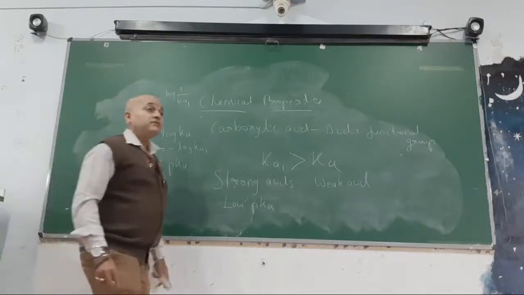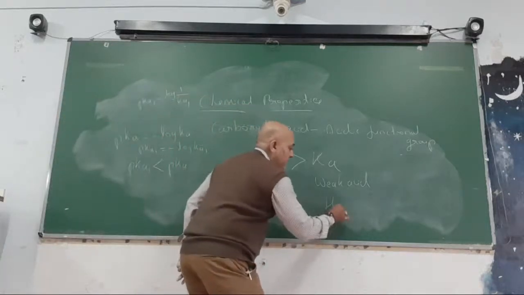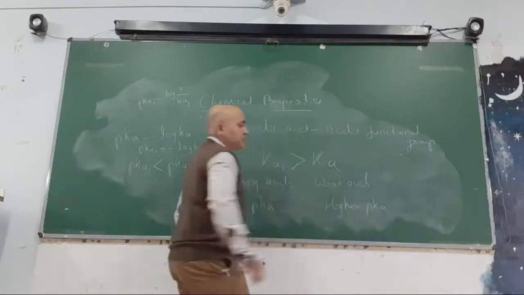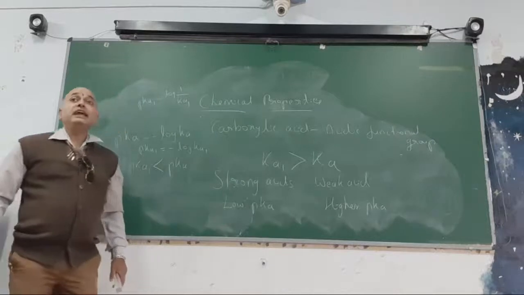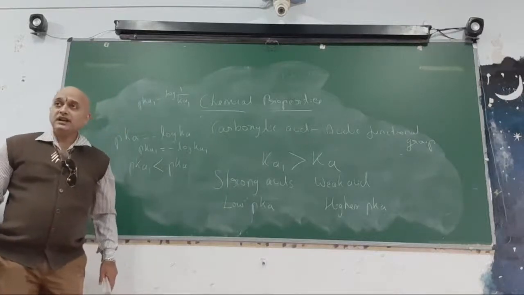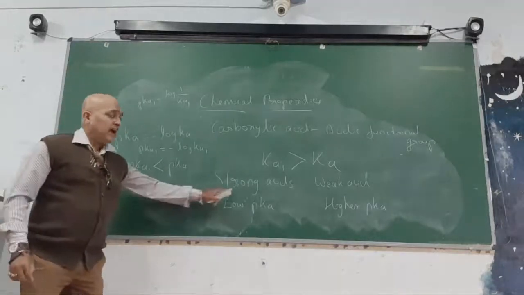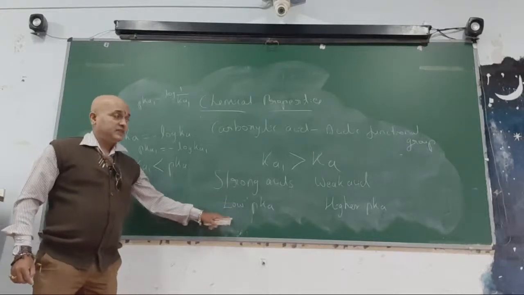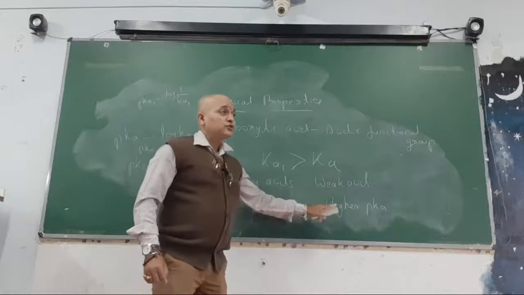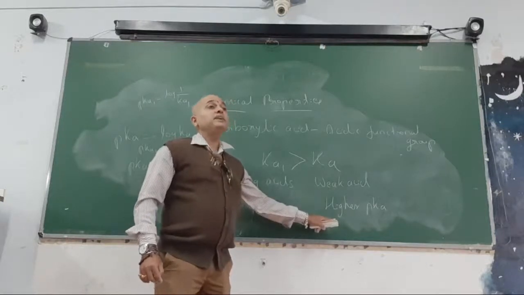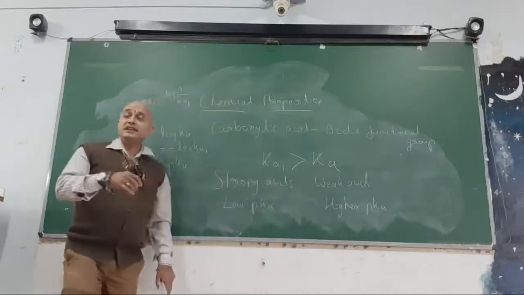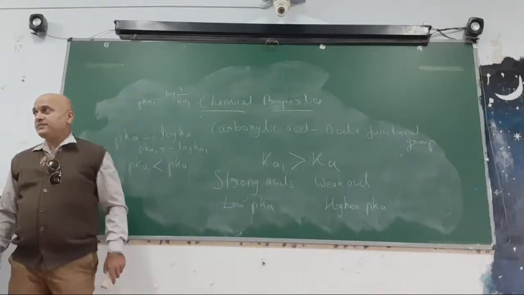What do you mean by weak acids? Those which have a higher pKa value. So strong acids have a lower pK value, and weak acids have a higher pKa value.